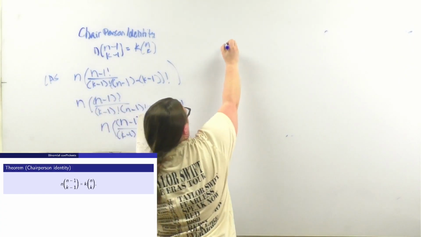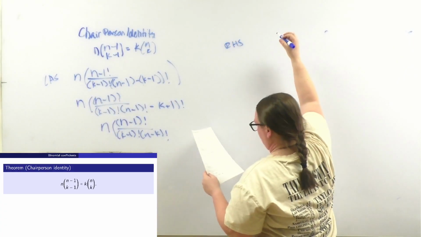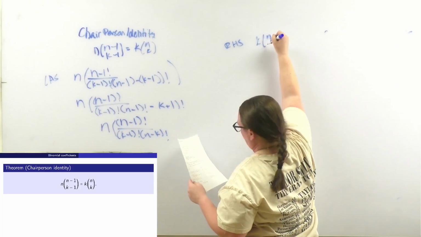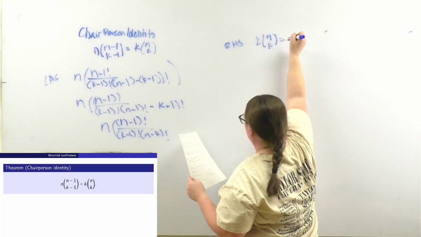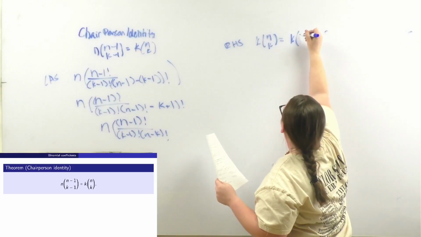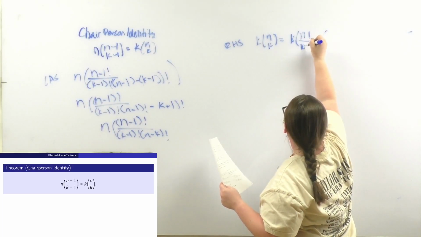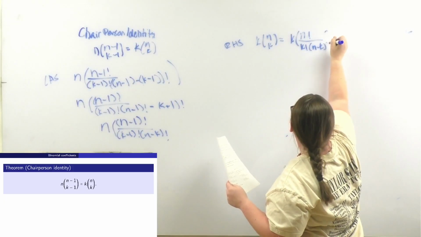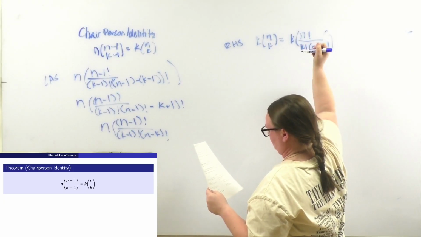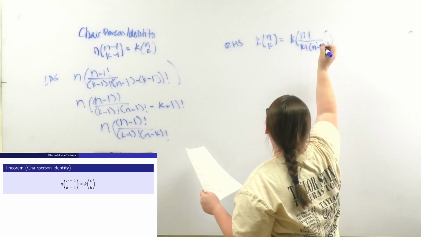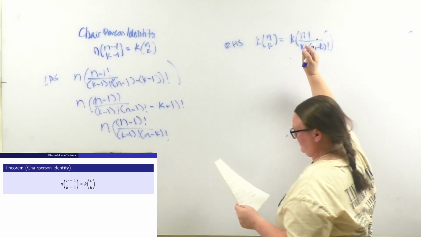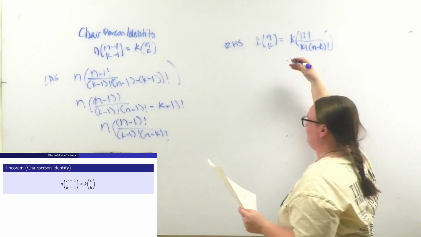And then on the right-hand side, for this, I'm gonna pull out a K, and then we can do some canceling.